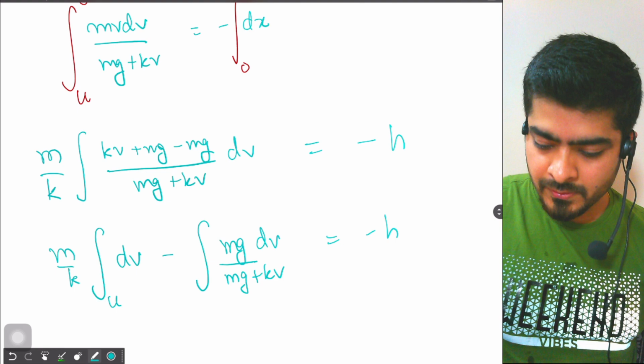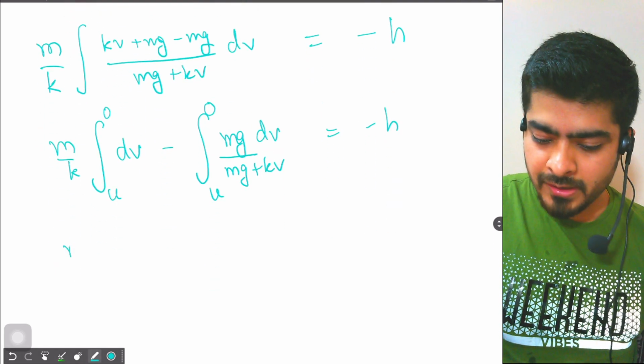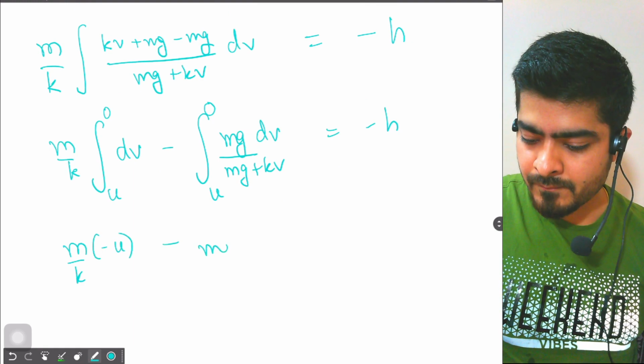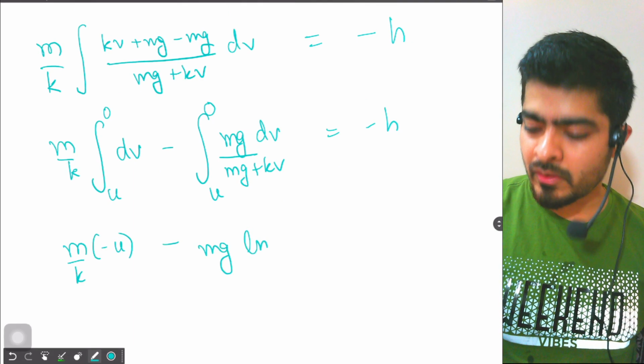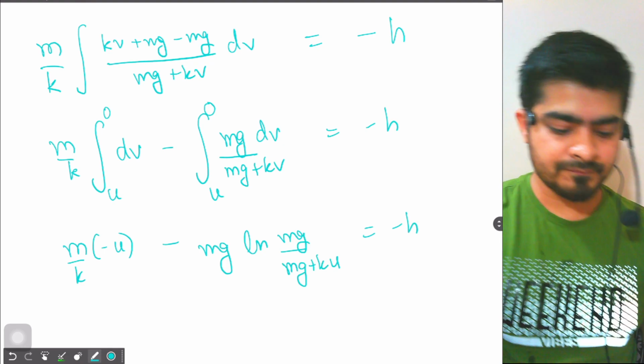So we have the integration from u to 0. Here I will get m/k times (-u - mg times the natural logarithm of mg by (mg + ku)), equal to -h.